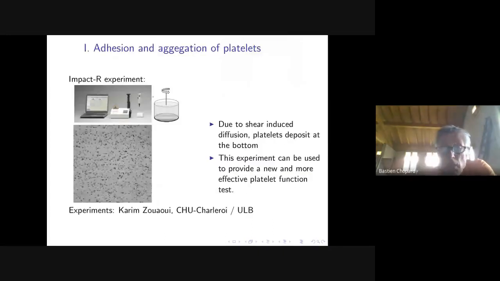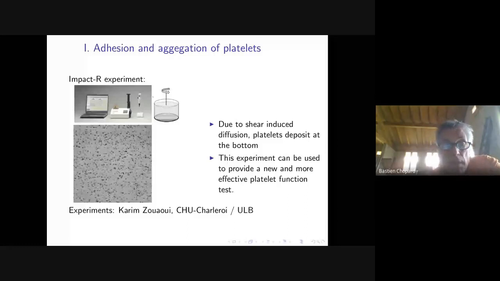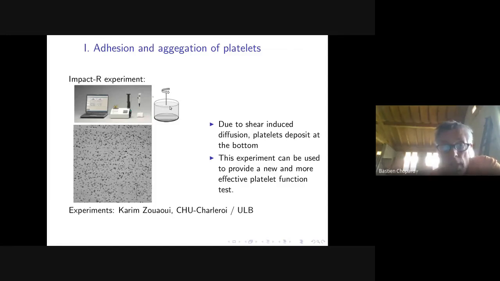It started basically 4 years ago with this simple experiment, which is referred to as the IMPACT-R experiment. It's a little container, like a cylinder, in which you put whole blood, and then you start rotating the top, and then you get a flow of platelets due to the movement of red blood cells.